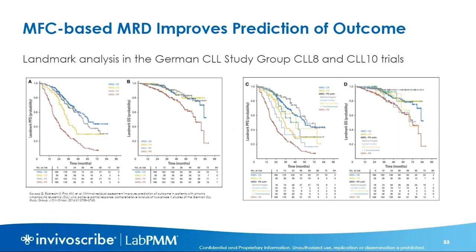These panels show PFS in A and C and overall survival in B and D at the end of treatment by MRD and additional response status. This was a study by the German CLL Study Group published in the Journal of Clinical Oncology in 2016, and it shows that MRD assessment improves prediction of outcome in patients with CLL who achieve partial response.